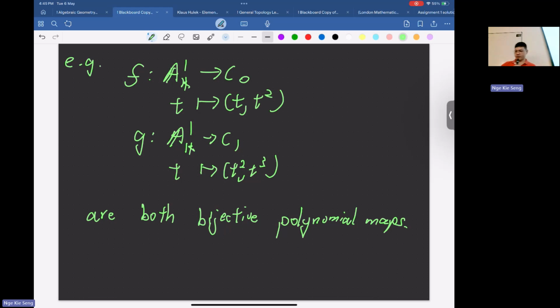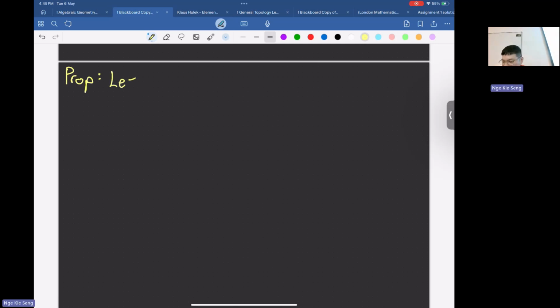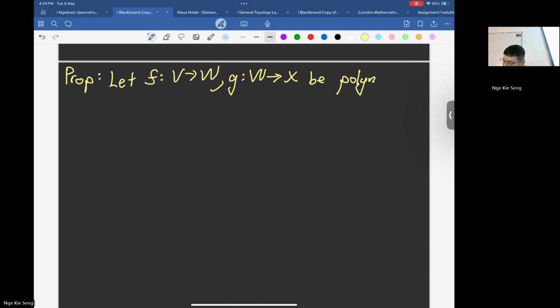Next, we'll prove a very important property of our polynomial map here. Let's take two polynomial maps, and then let's take an arbitrary polynomial function.